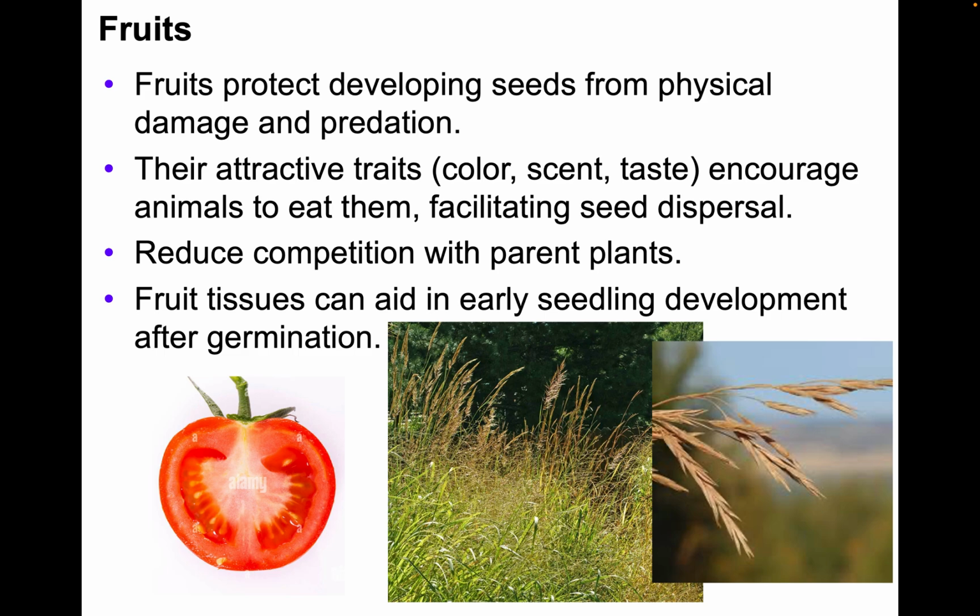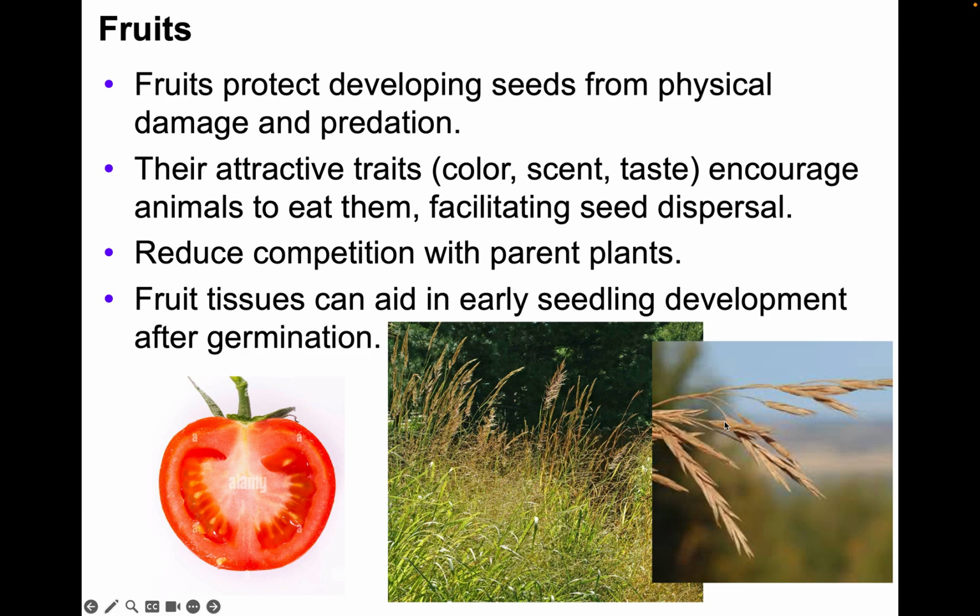Here we revisit grasses. Just like the flower of the grass was not very flashy, neither is the fruit of the grass. Yes, grass has fruit. It is not a word you are used to hearing, but botanically, from a botany perspective, these are fruits that you see here.